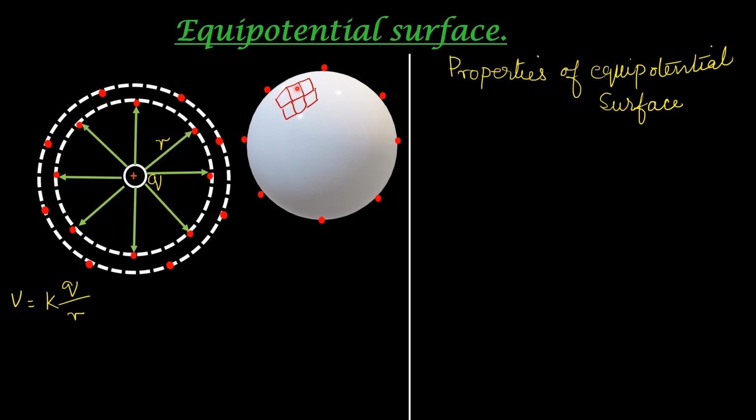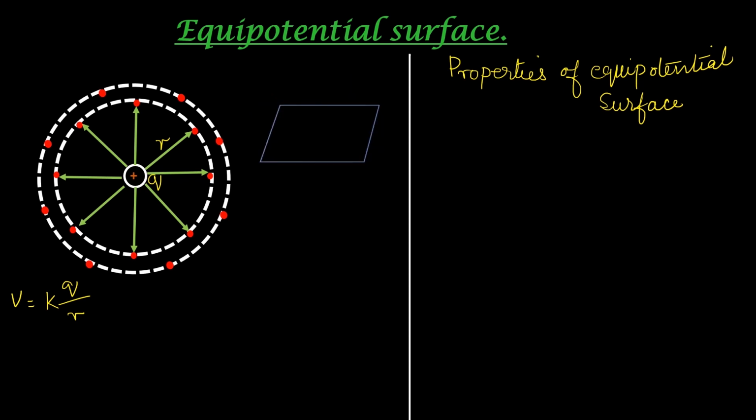Now we will consider one such element as magnified. Consider 2 points A and B on this equipotential surface. The charge Q is placed at A, and if it is moved towards B on this equipotential surface, then the total work done in moving this charge from A to B is equal to 0 because these 2 points are on an equipotential surface.